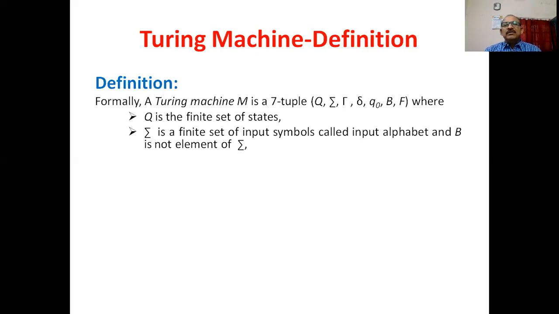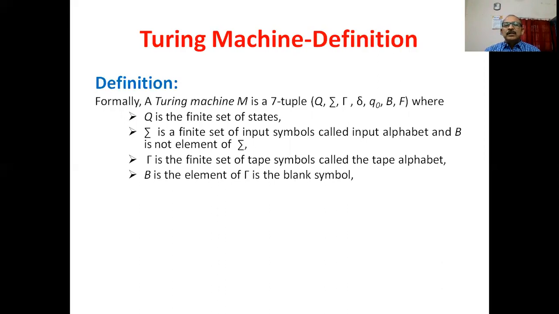It consists of a finite set of input symbols. And this capital B means a blank space on the tape. It is not a member of sigma. Okay. Next is the gamma. It is a finite set of tape symbols called the tape alphabet. B is an element of gamma, the blank symbol.